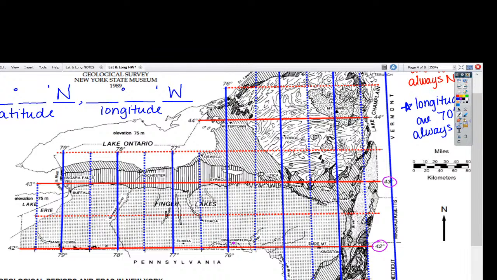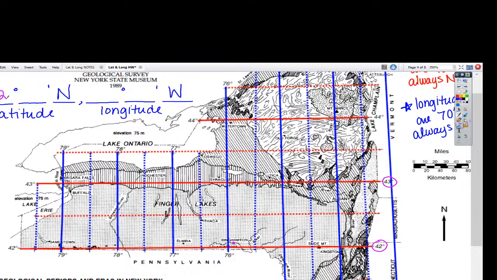So my first number is 42. You can write that in your notes. That's our first number. It's 42 degrees because it's between 42 and 43, and we always go with the lower number. Okay? Now this is the tricky part. Step three is figuring out the minutes.